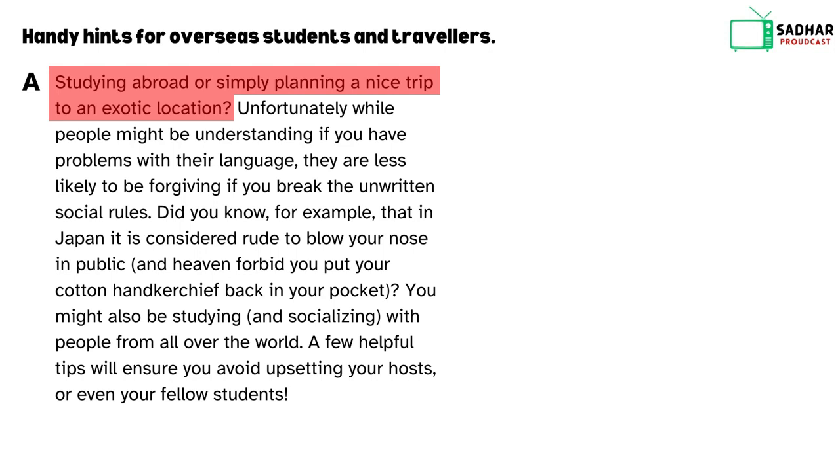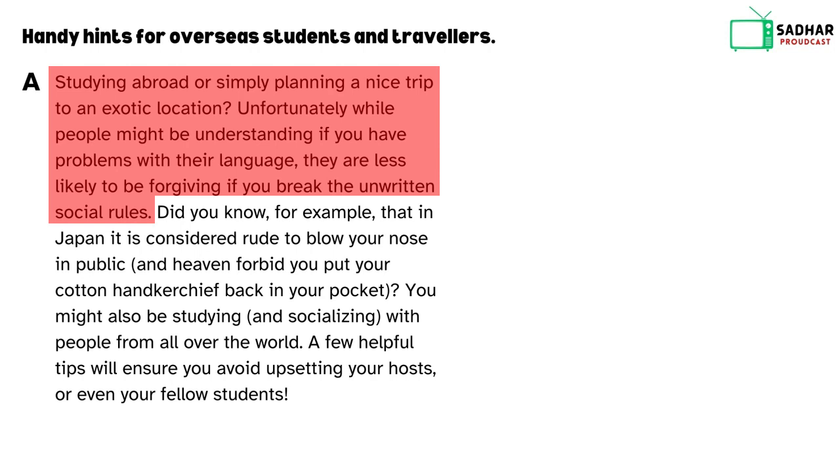Studying abroad, or simply planning a nice trip to an exotic location. Unfortunately, while people might be understanding if you have problems with the language, they are less likely to be forgiving if you break the unwritten social rules.